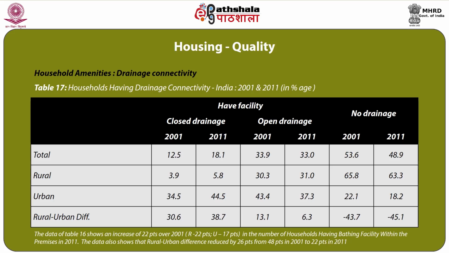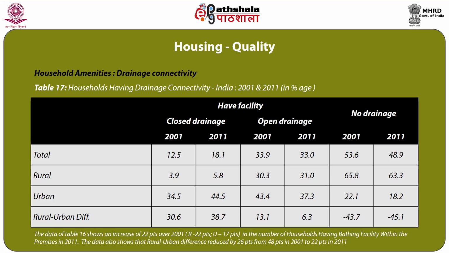Overall, the data of Table 17 reveals that 51% of households have drainage facility, that is rural 37% and urban 82%, with 18% of households having closed drainage, that is rural 6% and urban 45%, and 33% of households having open drainage, that is rural 31% and urban 37%. It could also be seen that 49% of households have no drainage facility, that is in case of rural 63% and in case of urban 18%.